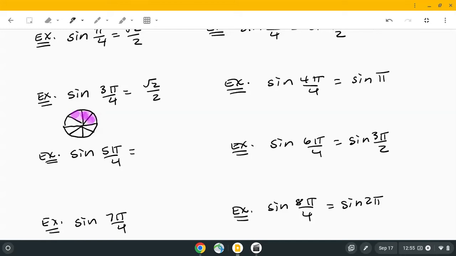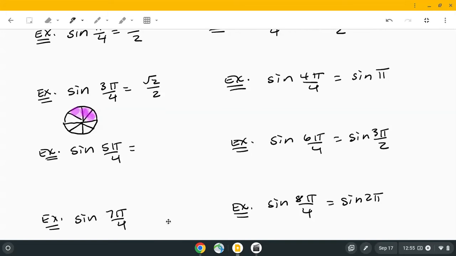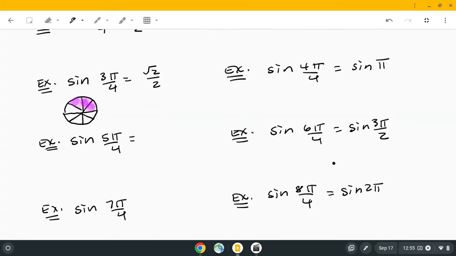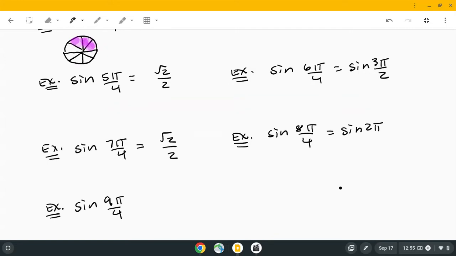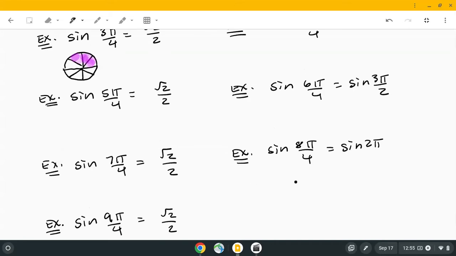We'll do all of these that did not reduce, because we know that these are all going to be square root 2 over 2, right? But we don't know which sign. So square root 2 over 2, square root 2 over 2, and the same thing with this. We need to know what quadrant they all land in. This one here, 5 pi over 4. Let me get my 4 here.